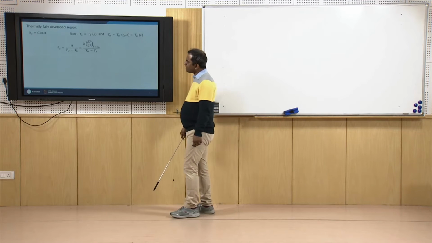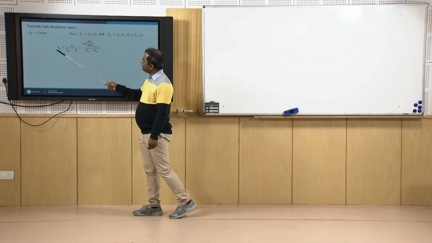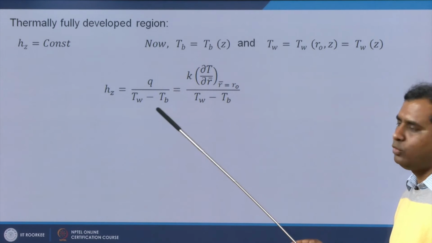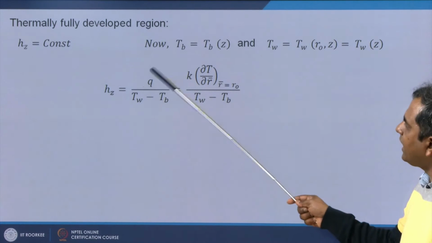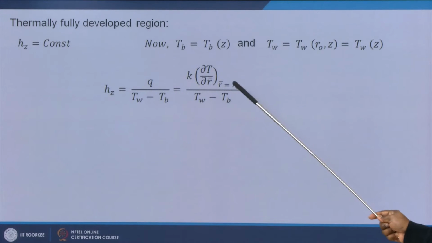Next, by definition the heat transfer coefficient h is nothing but q by T_W minus T_B, the wall temperature minus the bulk temperature. Here q can be written as k del T del R at R equals R naught, that means at the wall.